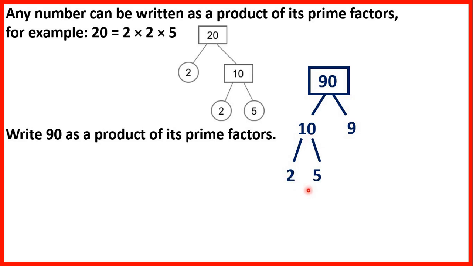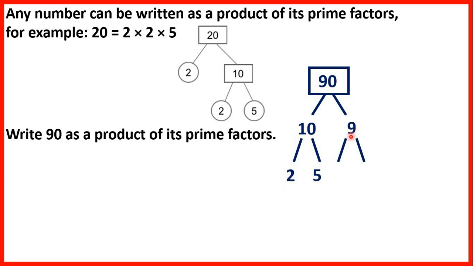And because 2 and 5 are both prime numbers, they're not in any other times tables. 2 is only in the 1 and 2 times tables. 5 is only in the 1 and 5 times tables, so we don't need to extend these branches any further.